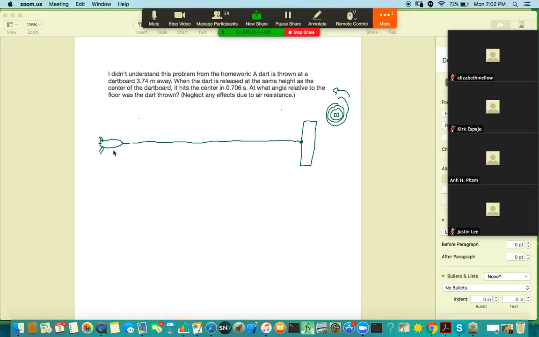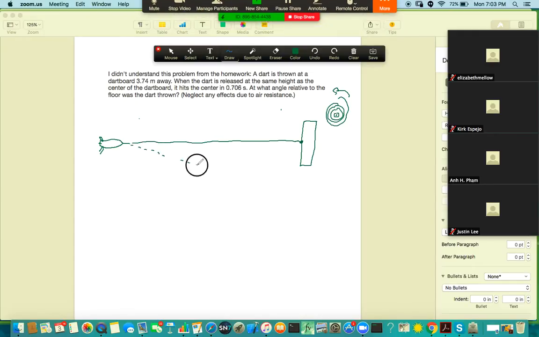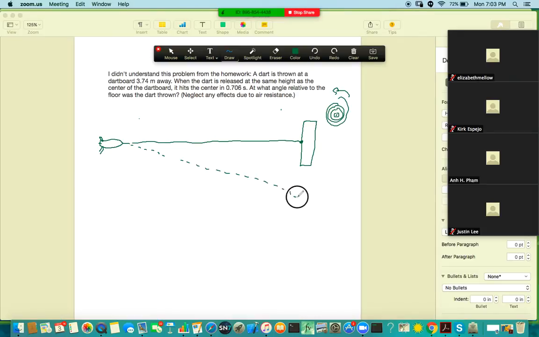So if you throw the dart with this angle, which means parallel to the horizontal, here's what's going to happen with the dart. It's going to go like this. This broken line is going to be a parabola. It's going to miss the bullseye.